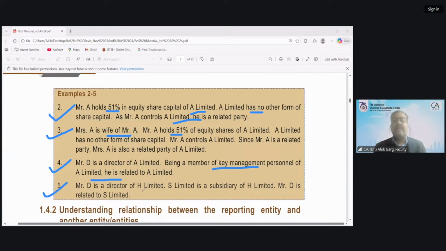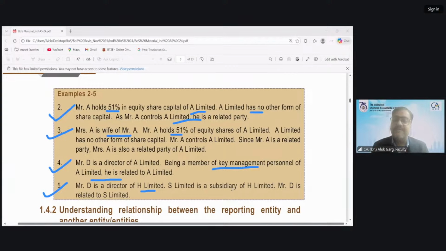Mr. D is a director of H Limited, and S Limited is a subsidiary of H Limited. So Mr. D is a director of the parent of the reporting entity. Mr. D is a KMP of the parent of the reporting entity. Whether Mr. D is considered as a related party of S Limited? Yes, sir.